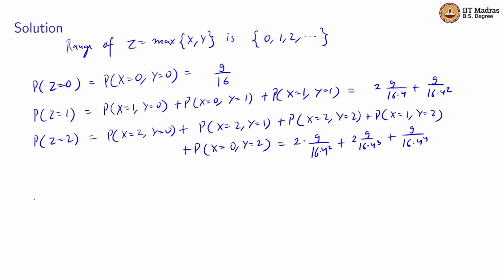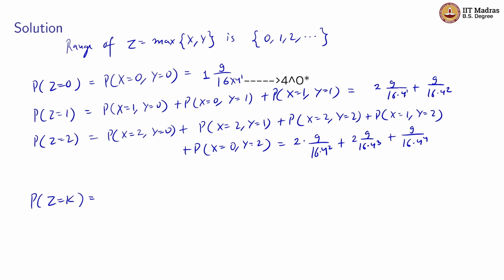So now let us generalize this. The probability that z is equal to k, this we have to find. So on observation we can see, when z is equal to 0, the probability is 1 into 9 by 16 into 4 raised to the power 1, and the probability z is equal to 1 is equal to 2 into 9 by 16 into 4 raised to the power 1 plus 9 by 16 into 4 raised to the power 2.